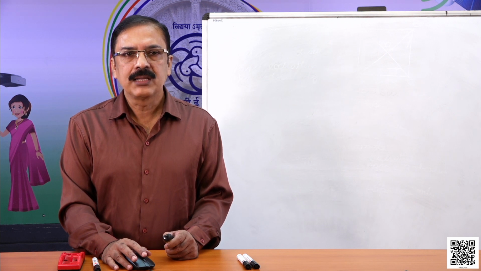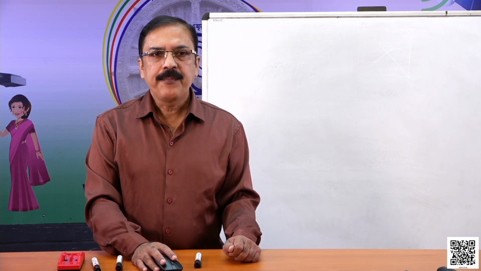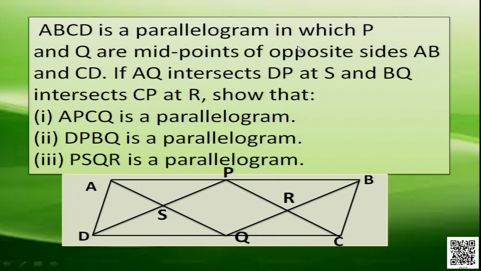Let's have a look at the question. ABCD is a parallelogram in which P is the midpoint of AB and Q is the midpoint of CD.